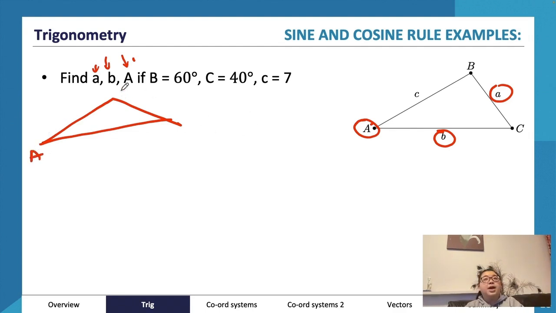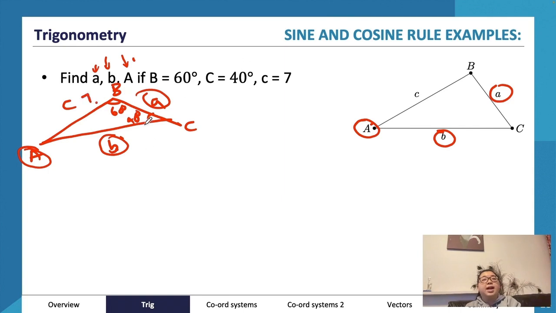So we're going to go A, B, C, and then we'll have C, A, B. They want us to find little b and big A. So B is 60 degrees, C is 40 degrees, and little c is going to be 7.